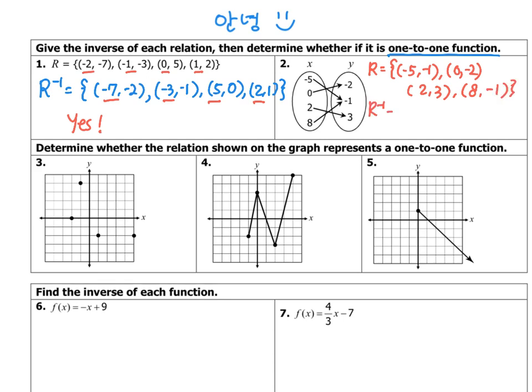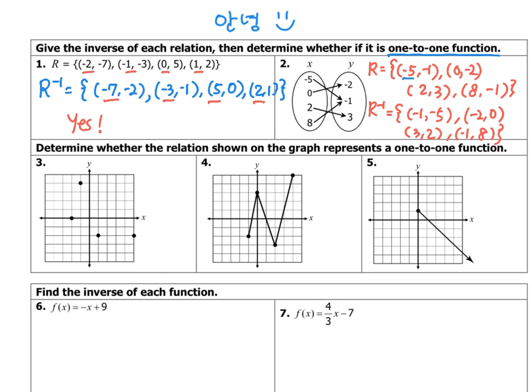Okay, so for the inverse, you switch x and y. Now, let's see if they are one-to-one functions.